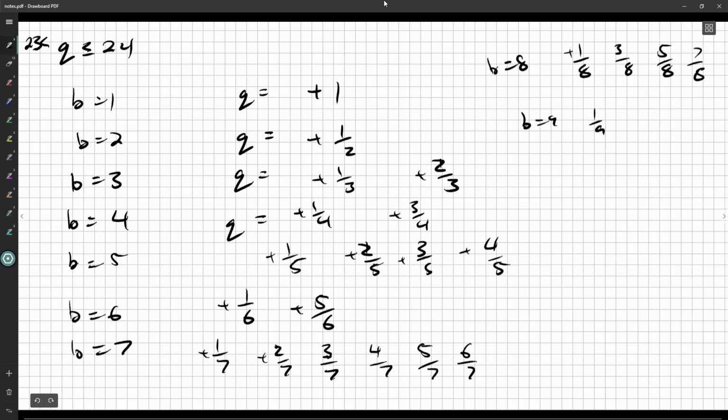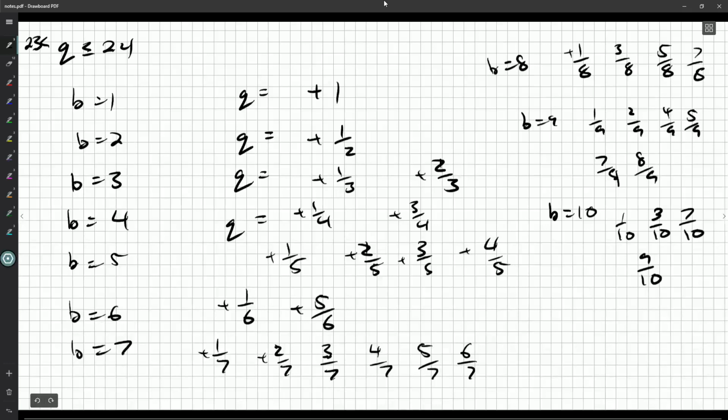For 9, we can go 1/9, 2/9, but 3/9 would be a third. 4/9, 5/9, 7/9, 8/9. And the last fraction that we could have is 10. 1/10, not 2/10, because that's already a fifth, but 3/10. 4/10 is out, 5/10, 6, 7/10, not 8/10, because that's 4/5, but 9/10.